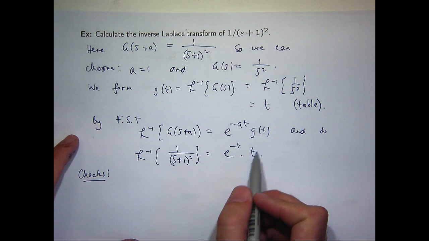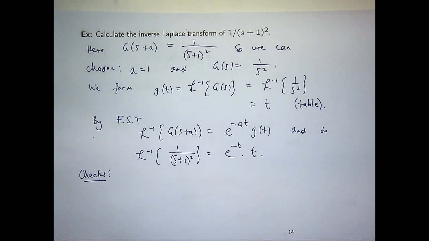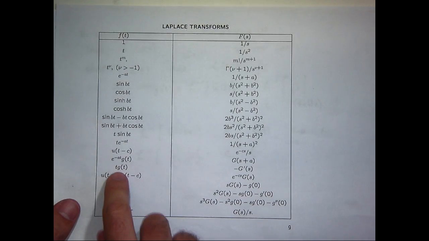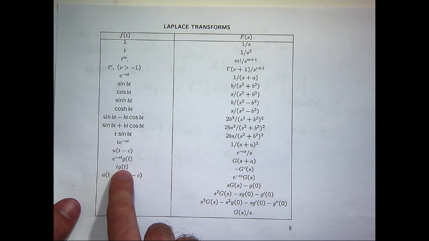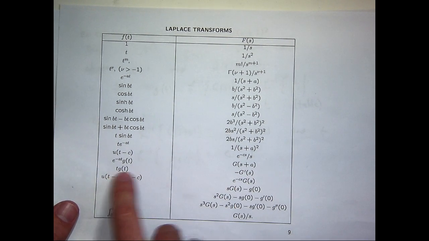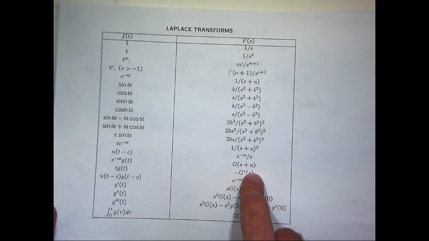One would be to notice that that's just t times another function. In previous lectures, we've worked out how to take the transform of t times a function of t. It's negative big G prime of s. I talked about that last time. So that's one way.